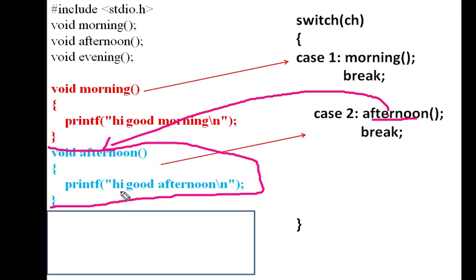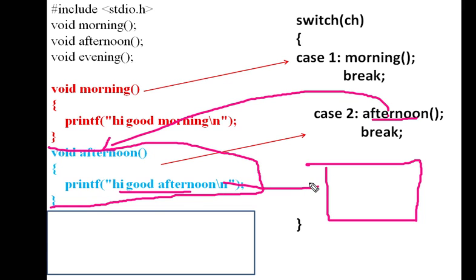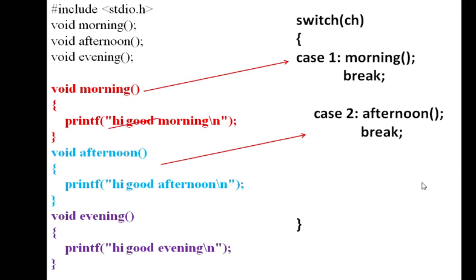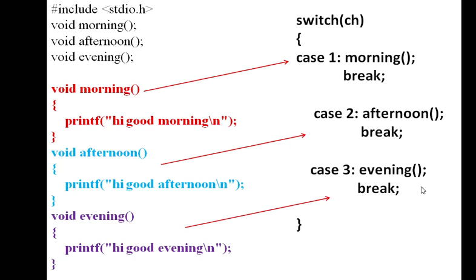What are you printing? "Hi, good afternoon." It will print on your console window or terminal window. After executing, the next statement is break, so it will break your execution. Then again it will ask, enter your choice. The third statement is case number 3, evening, break it.